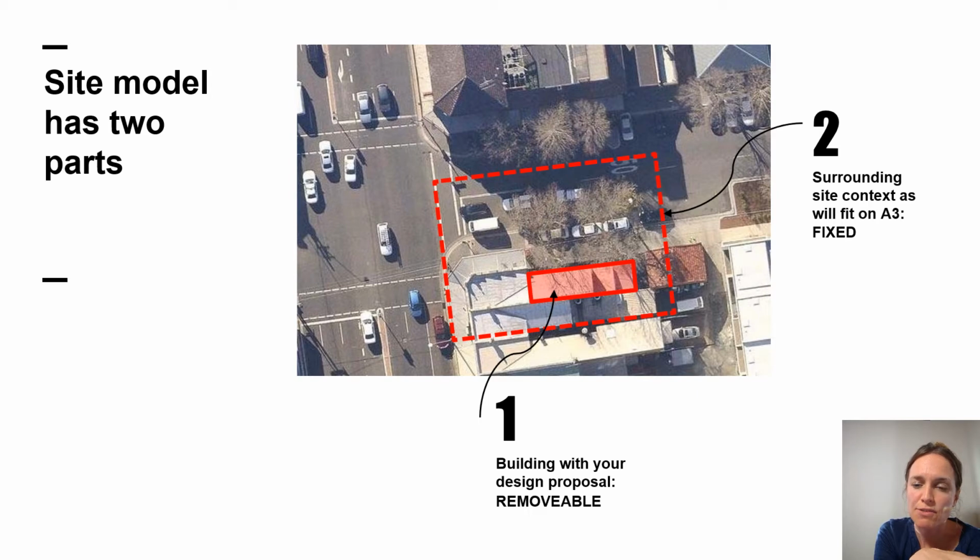In terms of how much of the context to show and where you should show, the dashed red line here on the screen gives you an indication. So I don't want the model to be any bigger than A3, and that just makes it easy in terms of getting a plinth that's a standard size.